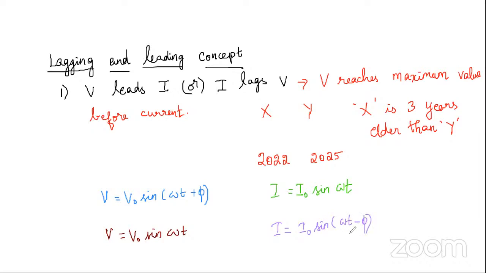Both these equations are correct. If V equals V naught sine omega t plus phi and I equals I naught sine omega t, in this case also voltage leads current by phi. Or if V equals V naught sine omega t and I equals I naught sine omega t minus phi, in this case also voltage leads current by the phase phi.